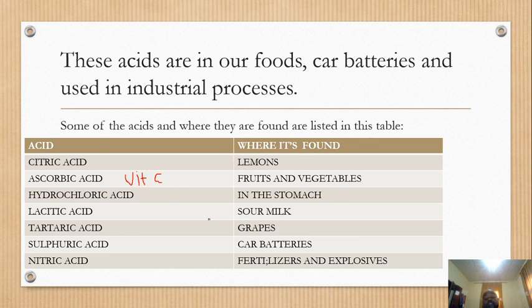It's found in fruits and vegetables. All the fruits, lemons, orange, guava, avocado, you name them, right? And vegetables like onions, cabbage, spinach, kumaweki, you name them, right?